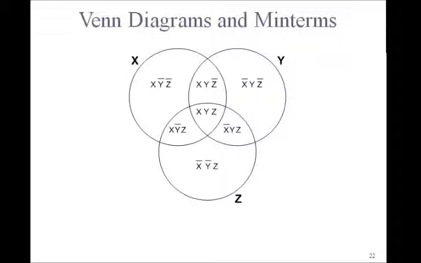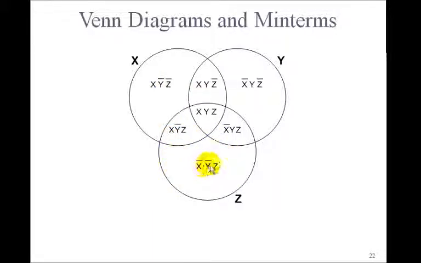Okay, this shows how Venn diagrams are related to minterms. See, each of these little areas is one of the minterms. For example, this area here is x AND y AND NOT z. I'm making the ANDs just by putting them next to each other and using bars for NOTs for convenience here. So here we're in x, but we're not in y and not in z.